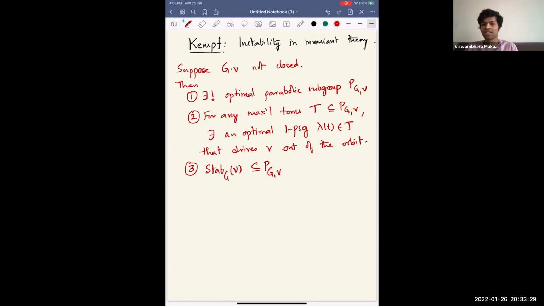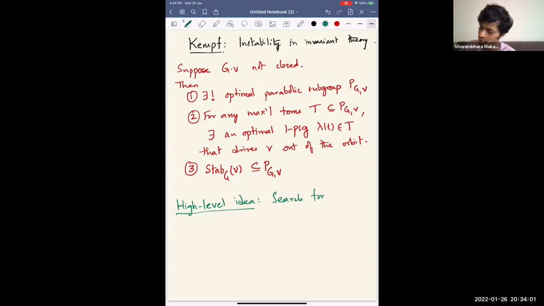All that matters for me is, instead of searching for one parameter subgroups, the entire collection of it, I will search for an optimal one parameter subgroup. And if I fail, then the orbit is closed. And if I don't fail, I will find for you an optimal one parameter subgroup, in particular some one parameter subgroup that will take you out of the orbit. So the idea, it's high level, but I still have to tell you how to implement it.